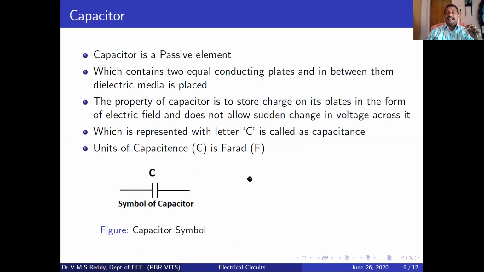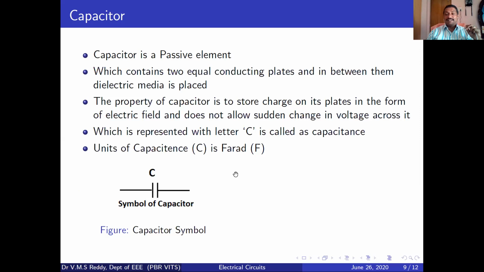You take the conductor and cut it into two equal-length plates, connect these two plates, and between them place the dielectric media. Then it becomes a capacitor. You close the top and bottom of your two conductors, and it becomes a capacitor. That is about the capacitor.